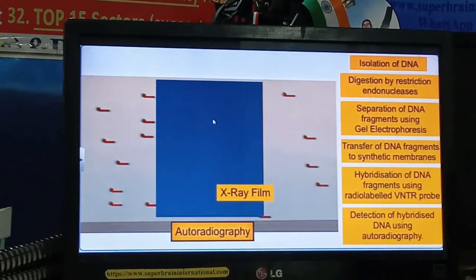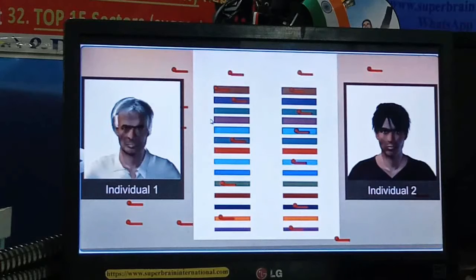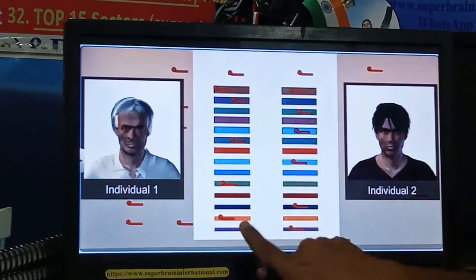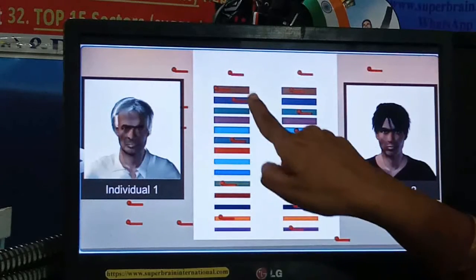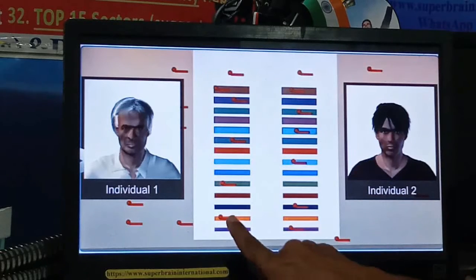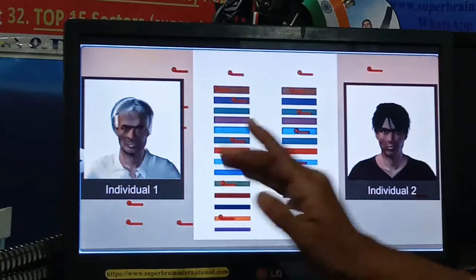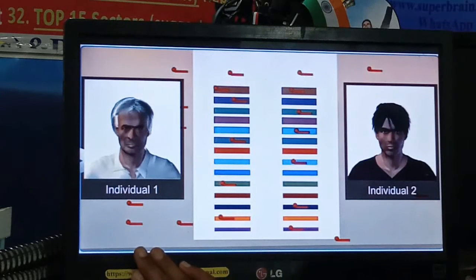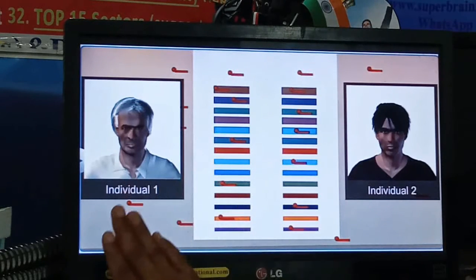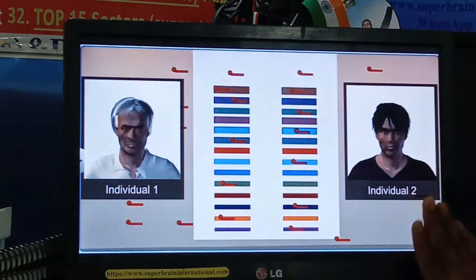So after autoradiography, we are able to see the film in this way. These are the locations where these known fragments have the same sequence in their DNA. Here we have taken the samples of two individuals. This is individual 1 and this is individual 2.